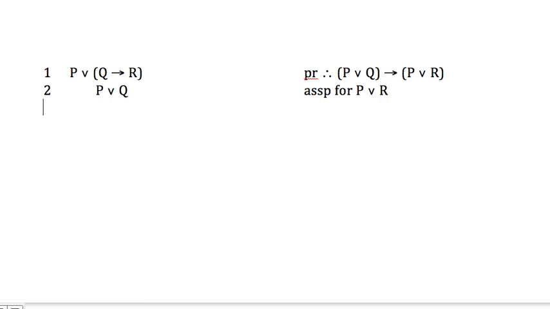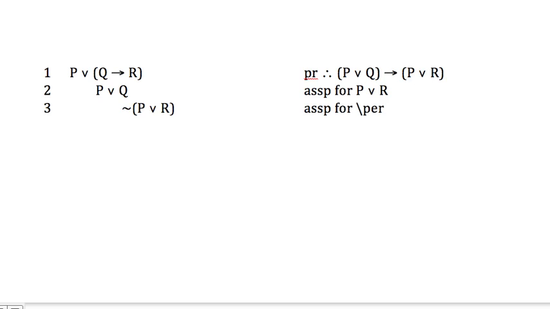So what you do in a case like this is you simply go ahead and make an assumption for indirect proof. If nothing else is obvious, assume the denial of what you want to prove. I'm not saying that there's no other way that a proof like this could work out. I'm saying that go ahead and do the most straightforward thing. There's nothing wrong with it.